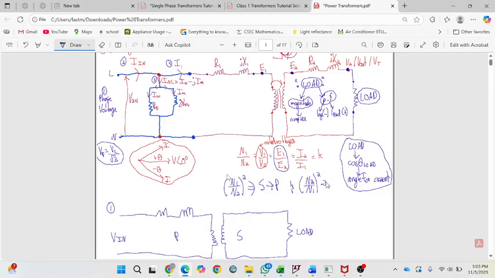You just multiply by whichever factor you need. The trick I use is the numerator: the square is always the same, but the numerator tells you the side you go into. If I go into the primary side, N1 is on top and N2 at the bottom, and you square the whole thing. If I go into the secondary side, N2 will be on top. That's literally all you have to worry about.